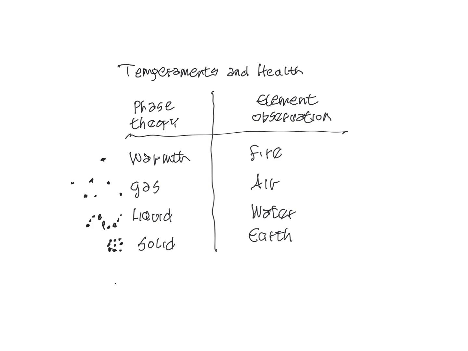Now, the old people understood that these phase changes were part of the natural order. They would look at the earth, and since they worked with it a lot and dug in it to make food for themselves, they said that what we would call a solid condition is the element of earth.